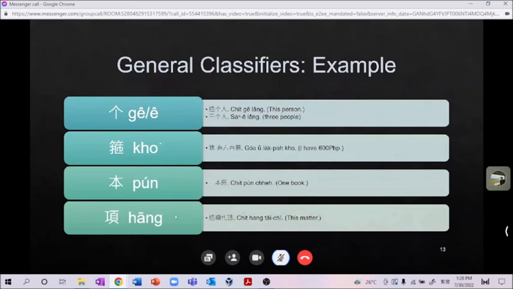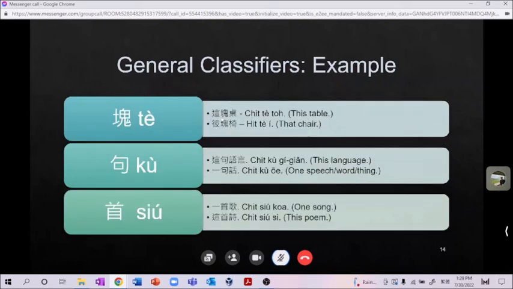And then hang, jihang taiji. Now we have jiteto, this table, or hite i, as in that chair. So jit is this, and hit is that.